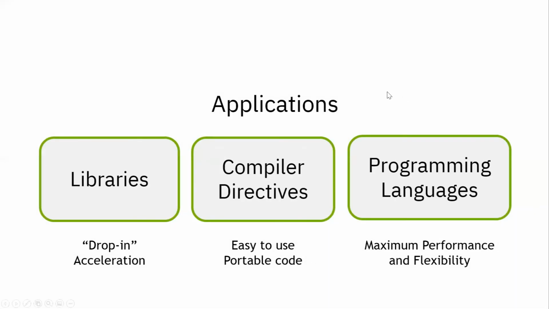Now to program GPUs, there are always the 3 possibilities, same as for any optimization. You can either use libraries, which is preferred, but cannot be that trivial to use. You have the compiler directives, so you can put pragmas, OpenACC, or OpenMP to instruct the compiler to do specific stuff.